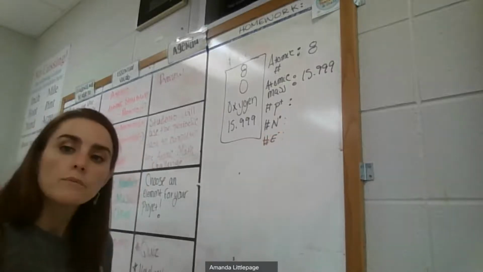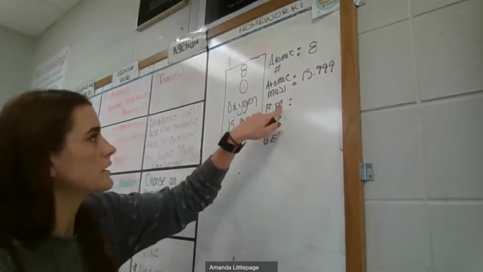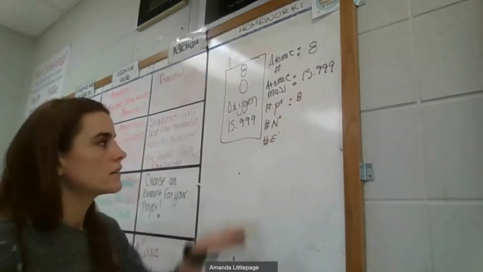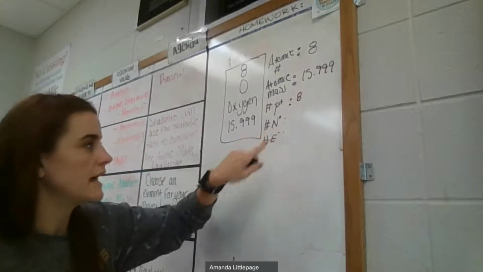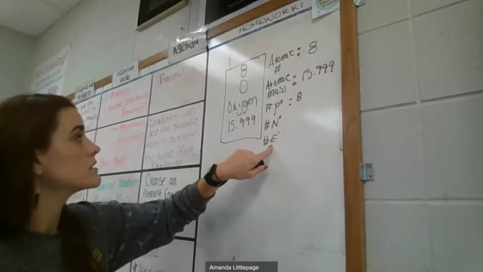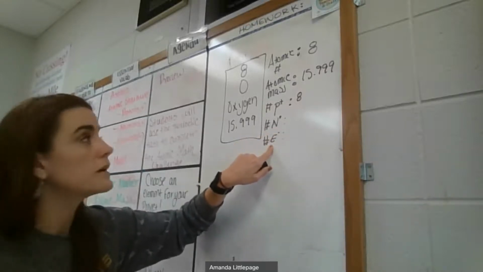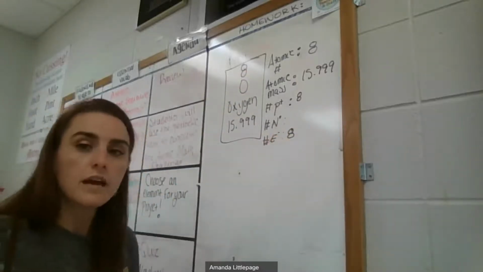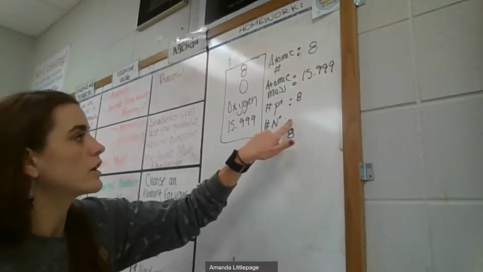Remember that protons are equal to the atomic number. You already know that. It's 8. Let's skip over neutrons for a minute and come back to that. Below that, we have electrons. In a stable neutral atom, electrons are also equal to the atomic number, so that's 8. The next step is for you to determine the number of neutrons.